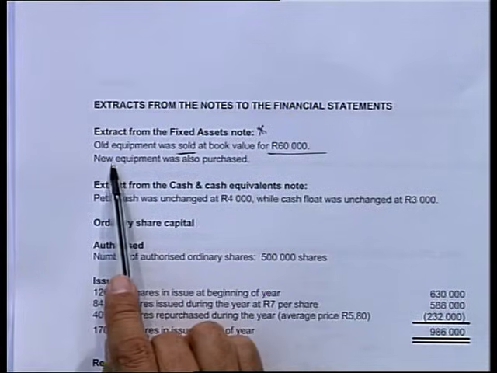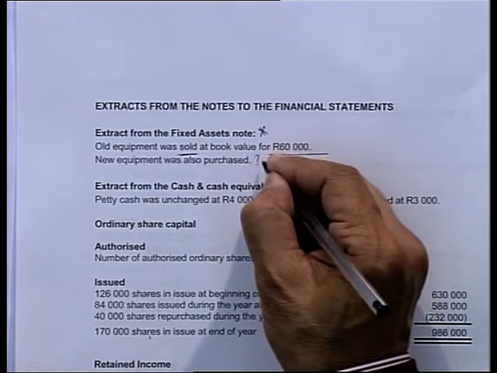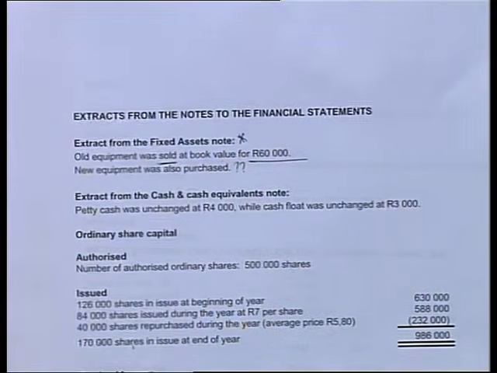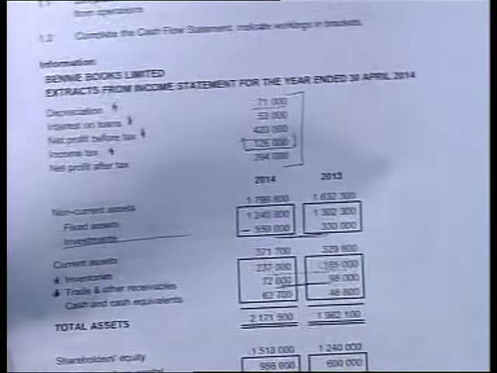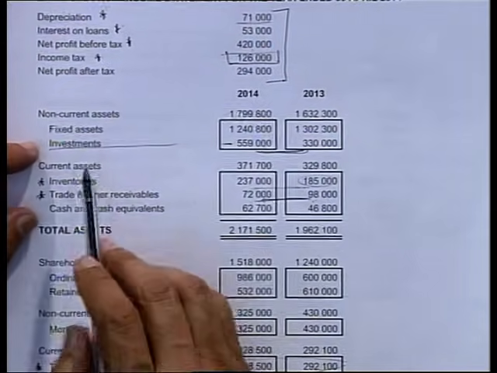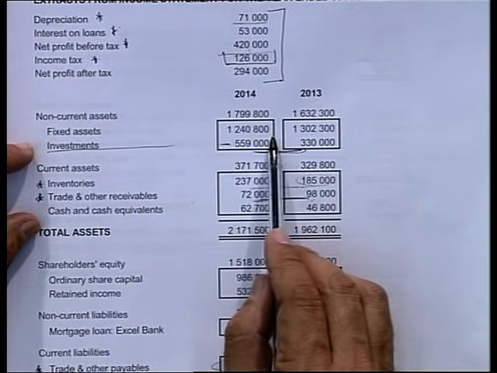Then also it says new equipment was purchased, but no amount. So now we have to go and calculate that amount. So now we have to look at the figure for fixed assets that they give us in the balance sheet.